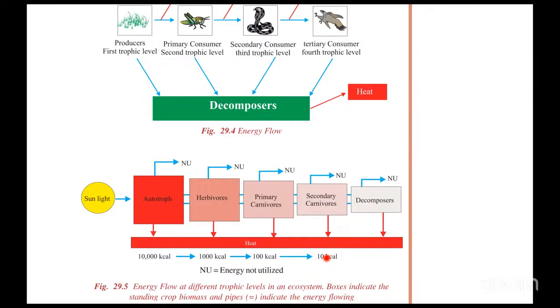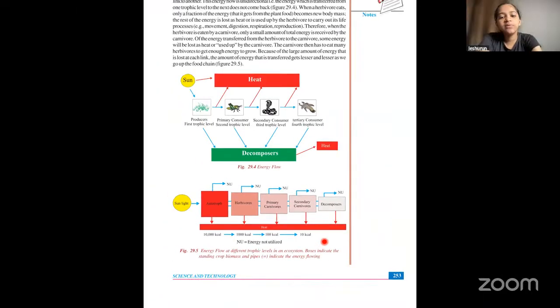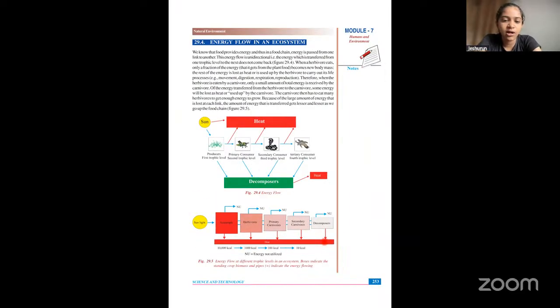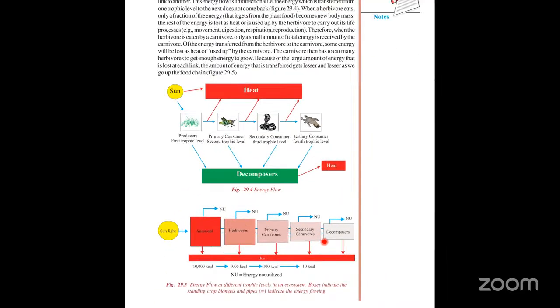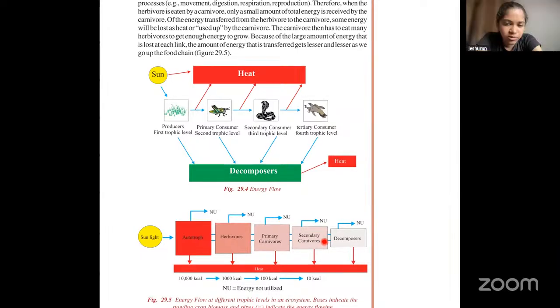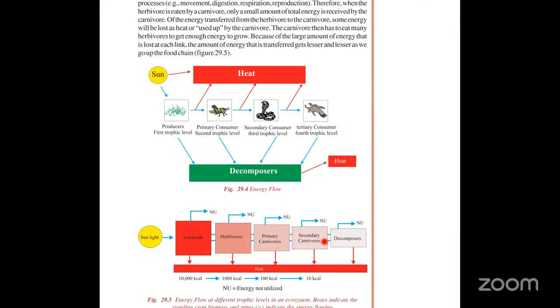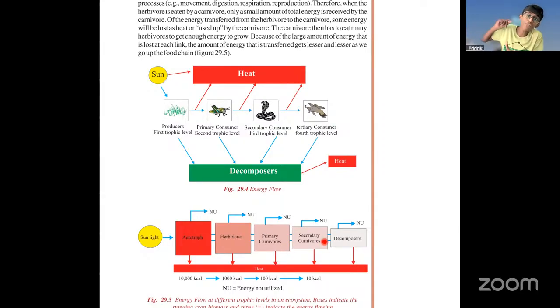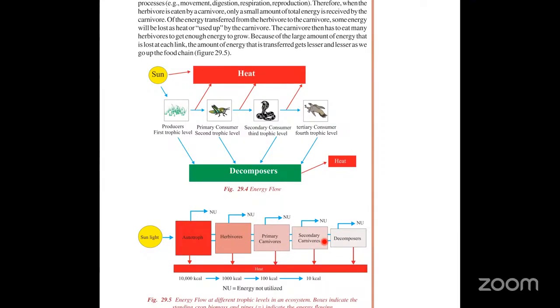Yes, Krishna. Would humans count as primary carnivores or secondary carnivores? Humans are considered omnivores. They come between herbivorous and carnivorous, so you can consider them in between, but we are not creating one more stage for it.